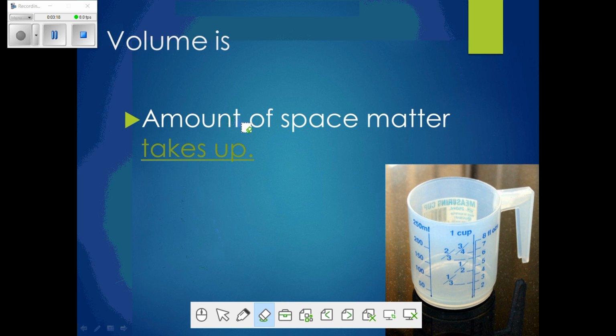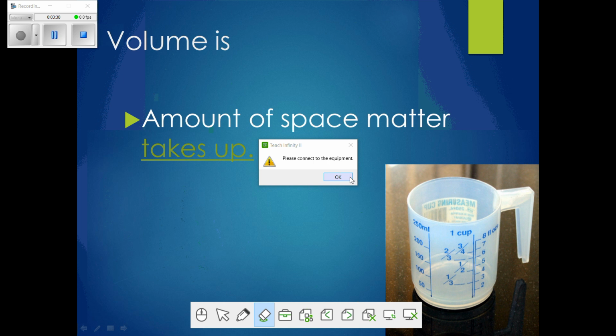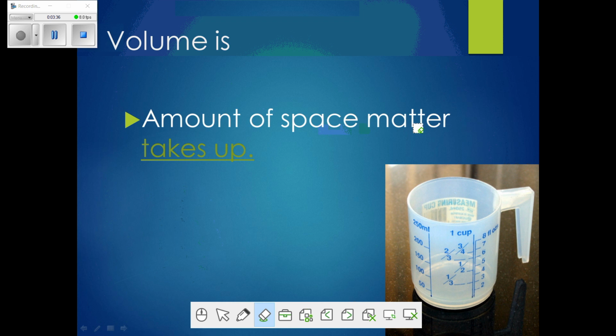Volume is the amount of space matter takes up. Repeat with me, all of you, mirror on.